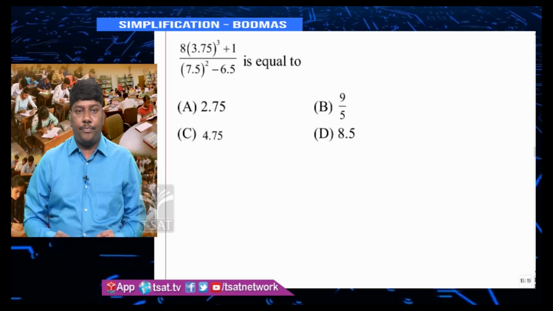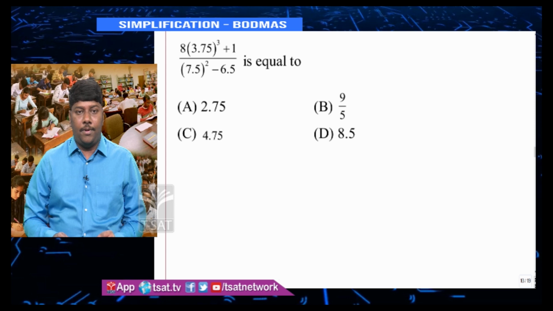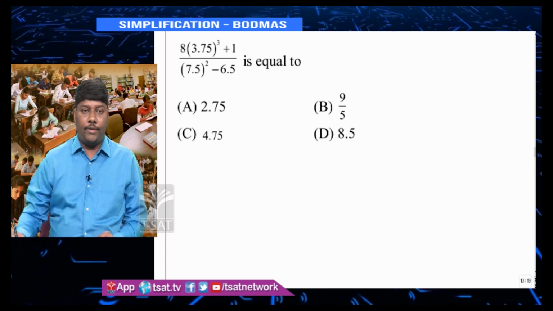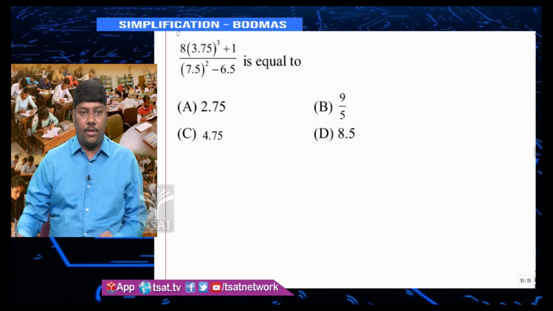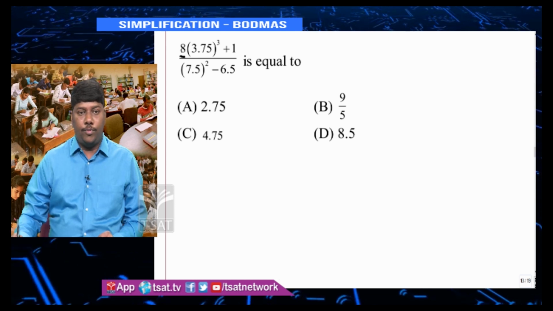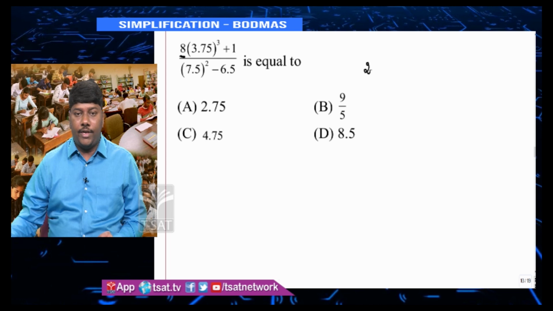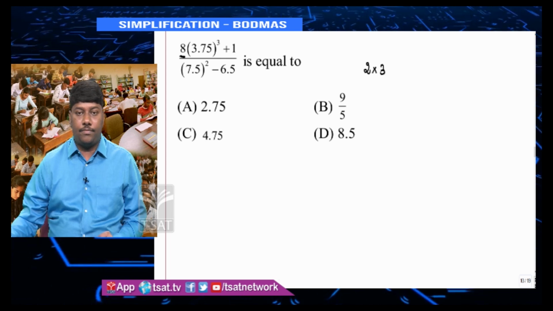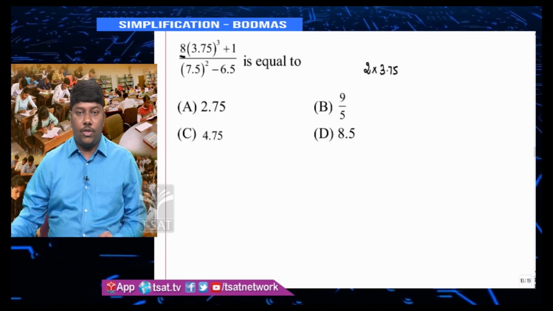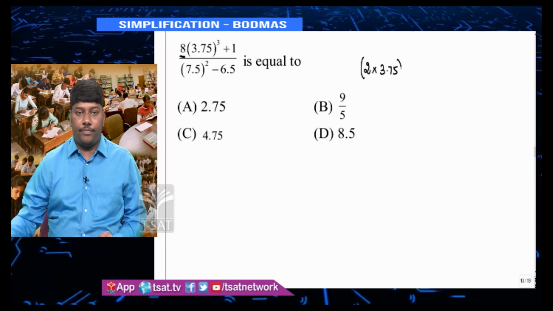Now, look at this sum. 8 into 3.75 cube plus 1. Look at the numerator carefully. 8 can be written as 2 cube. So, this 2 cube into 3.75 cube is 2 into 3.75 whole cube. 2 into 3.75 is actually 7.5.